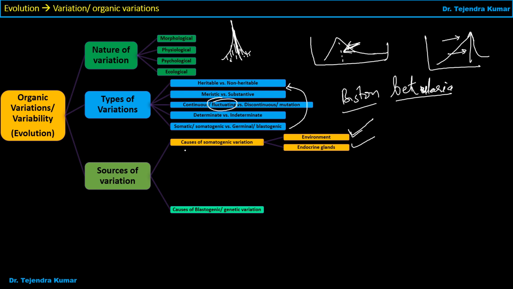Likewise, if we bring one animal from another area and rear it in our environment, and it is not showing any difference from the previous one, then we can say that it is genetic, because its progeny are again showing those characters which were originally inherited from their parents.